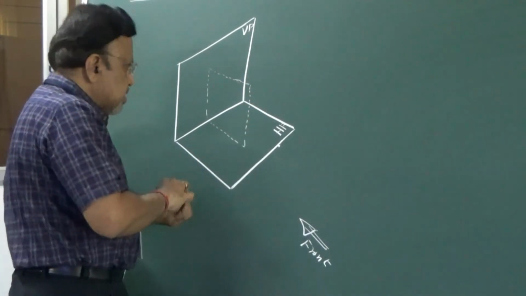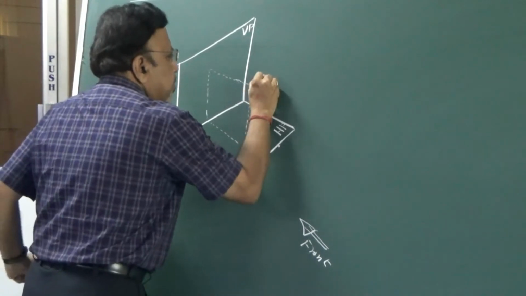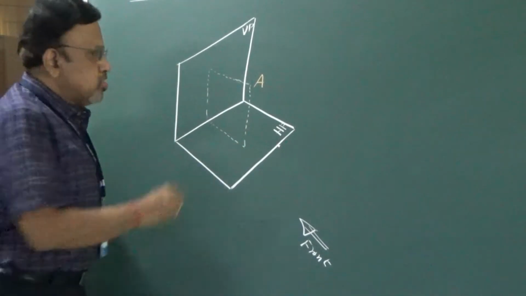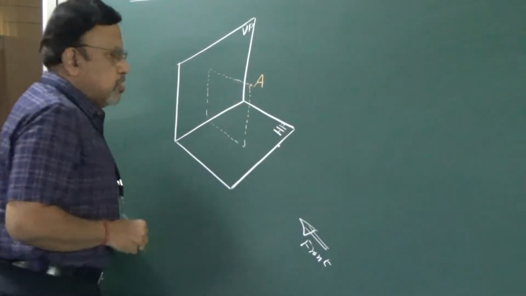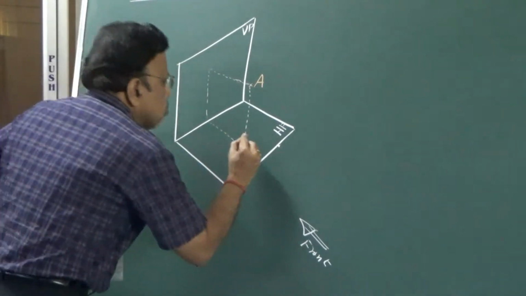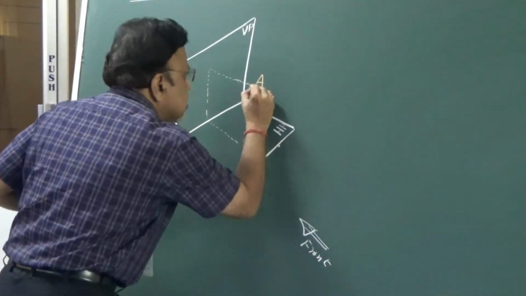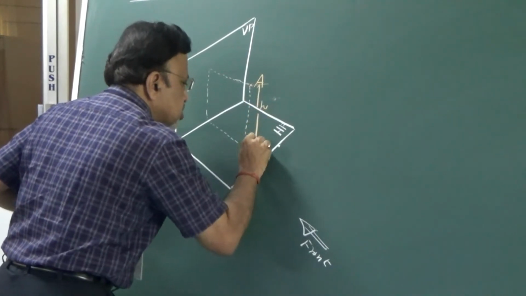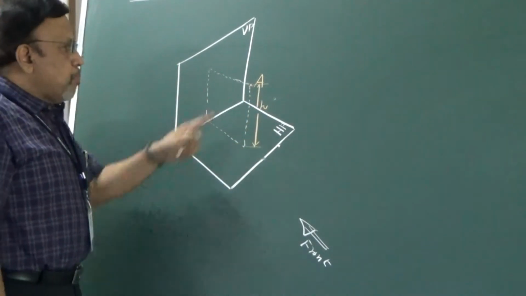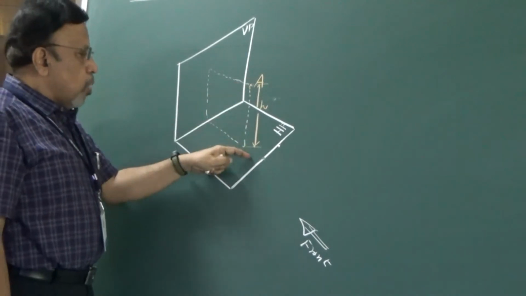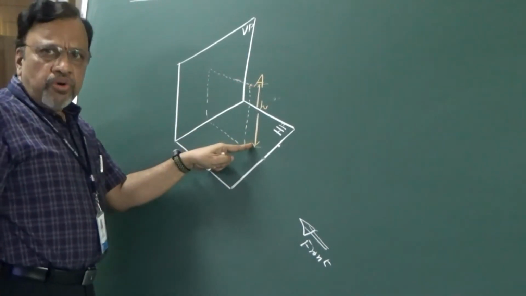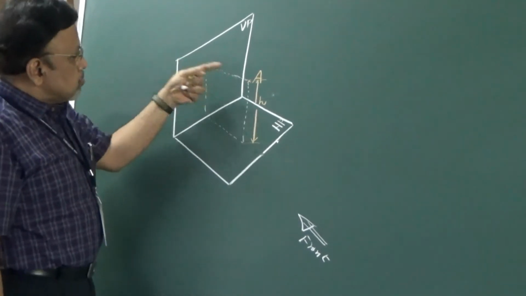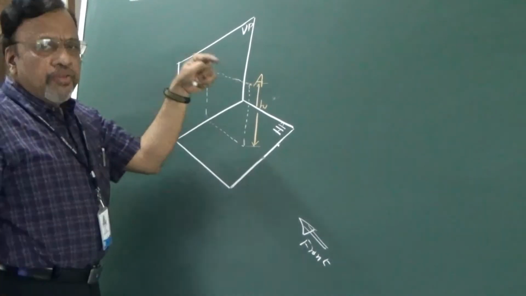Okay, so let me say that we have this point A, which is above HP. Above HP by what distance? Let us consider this distance to be some h. I can say the point A is above HP by a distance equal to h, and this point A is also in front of VP.